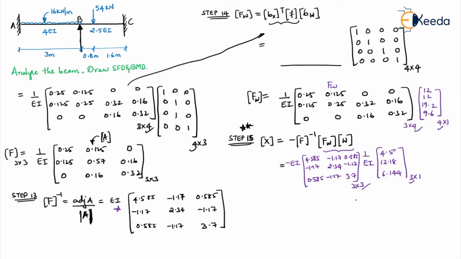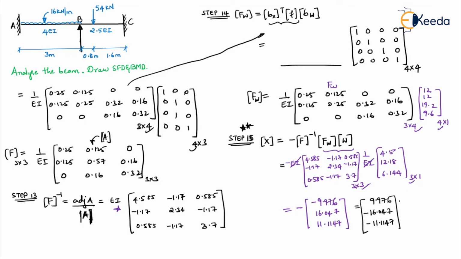Here are 3 and 3, so we will get a final 3 into 1 matrix, minus 9.976, 16.04, 11.1147. Okay, so final answer will be 9.976, 16.047, 11.7.